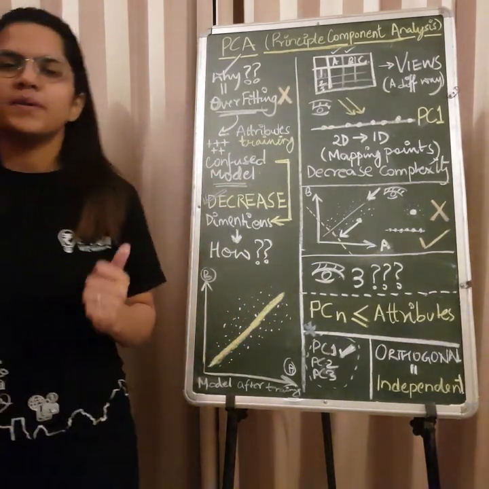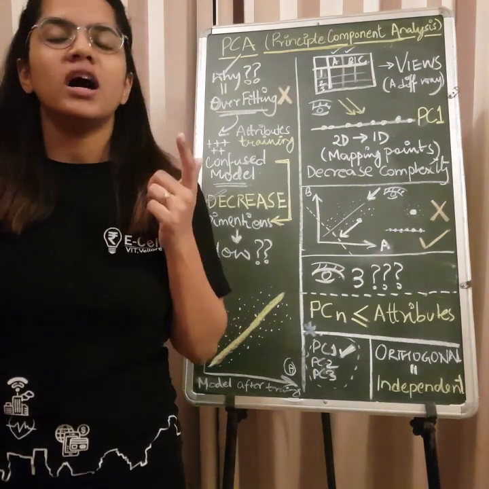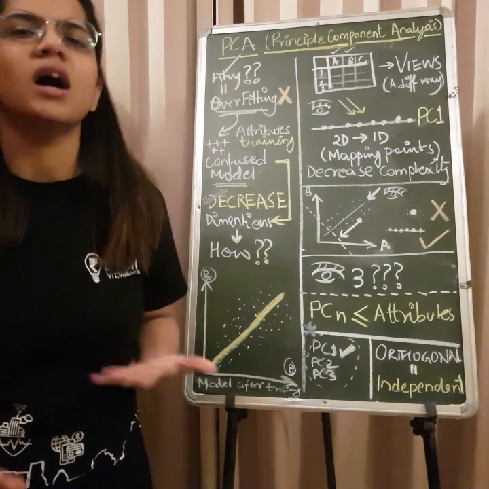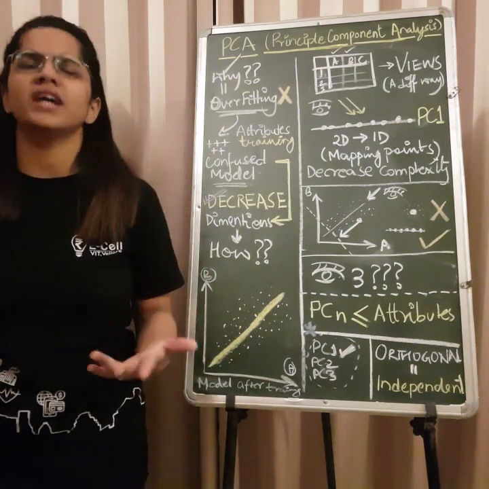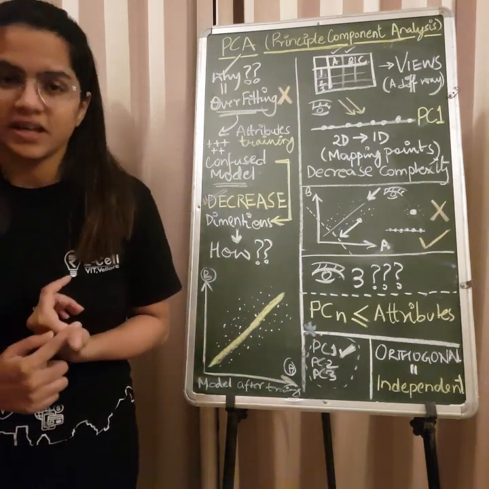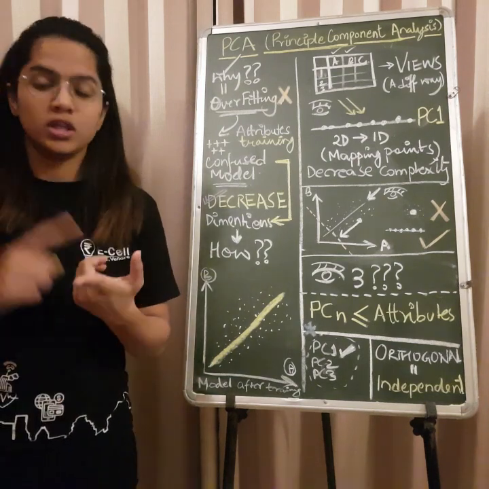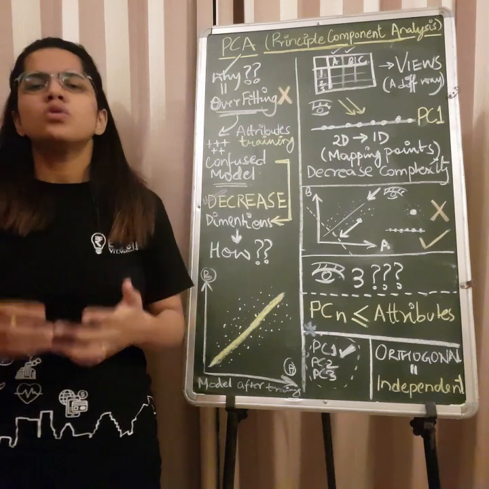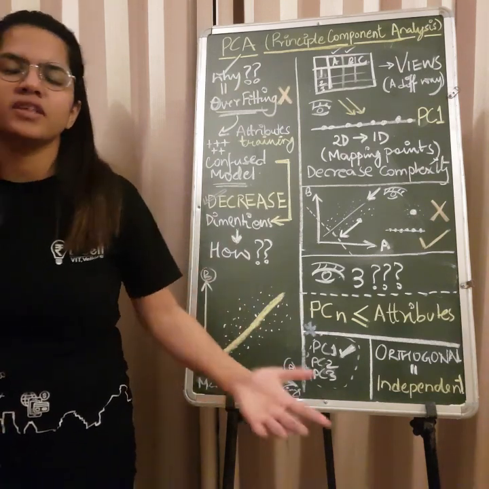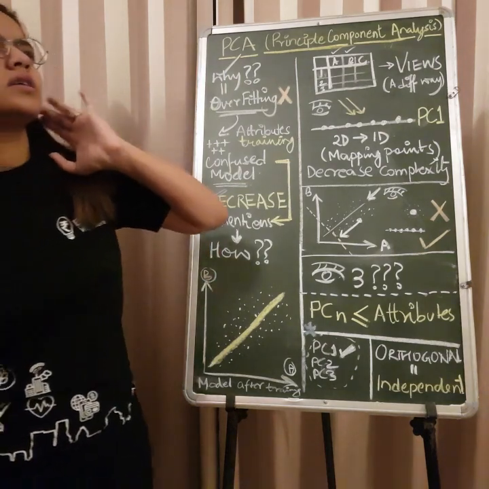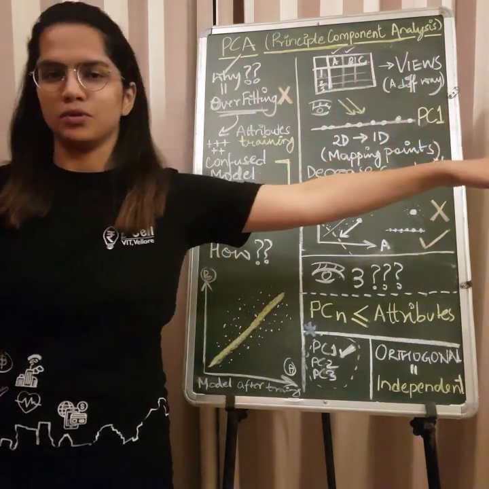Well, let's picture this. You are running a pizza delivery company. The sales of your pizza are dependent on, let's say, so many attributes: the number of customers, the kind of toppings, the speed of delivery, the cost of your pizzas, so on and so forth, the experience of the employees, loyal customers, and let's say some 15-20 attributes.